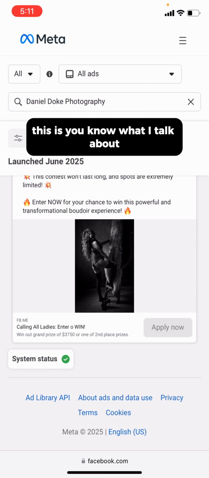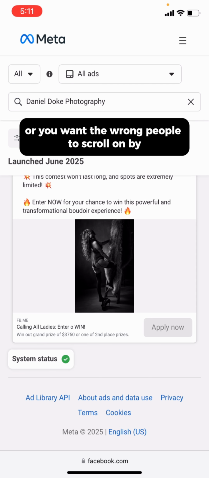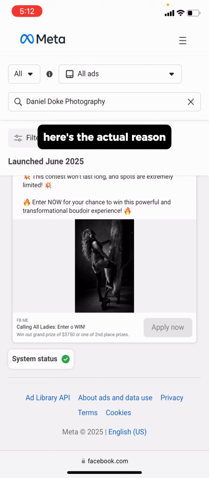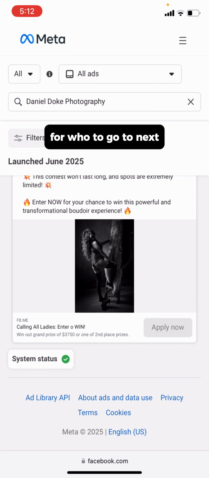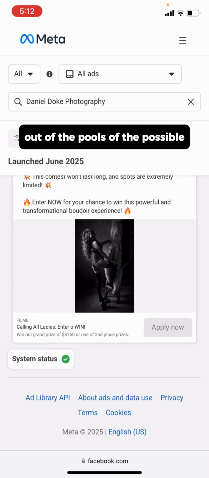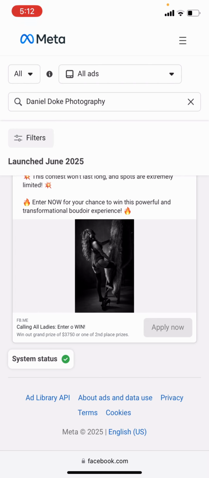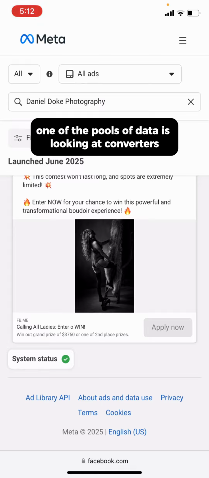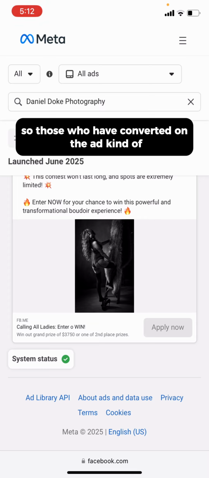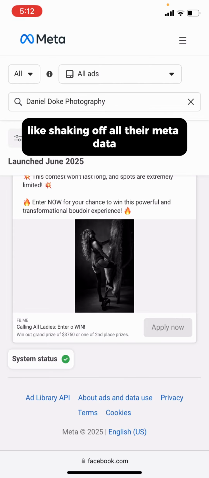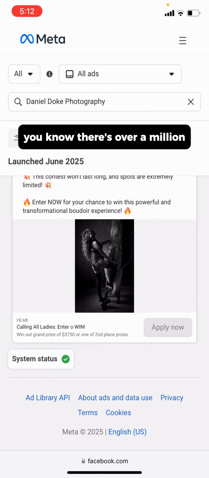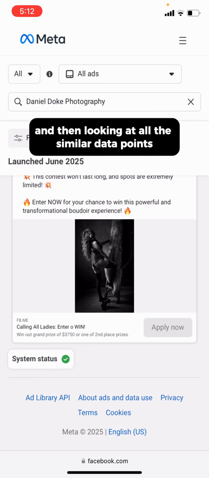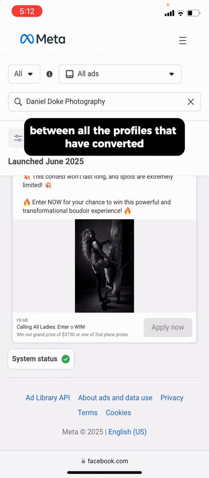This is what I talked about in the mistake prior, mistake number 8, where we want the wrong people to scroll on by. Here's the actual reason. When the Meta ad algorithm is pulling data for who to go to next out of the pools of data possible, one of the pools of data is looking at converters, those who have converted on the ad, kind of shaking off all their metadata data points on their Meta profile, which there's over 1 million, and looking at all the similar data points between all the profiles that have converted.